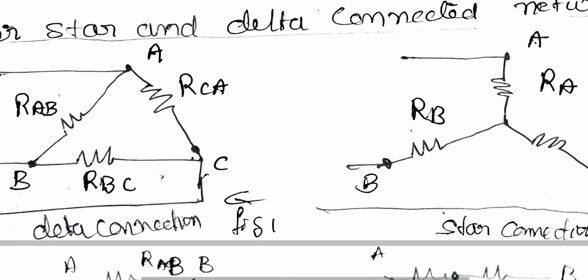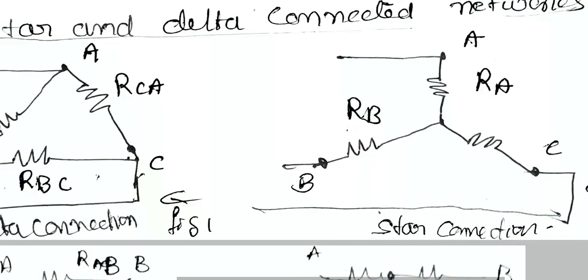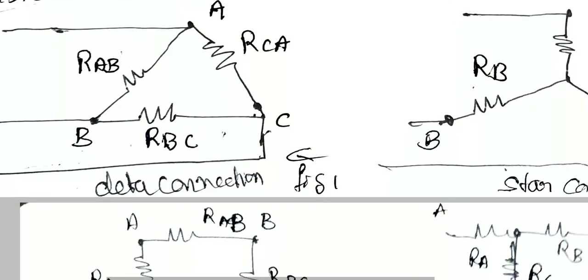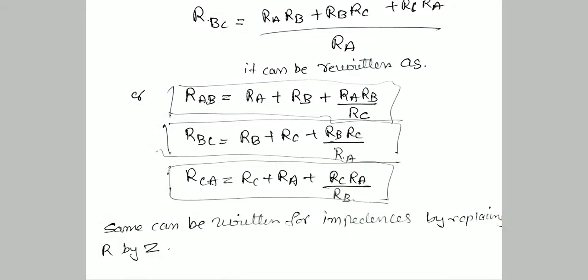RA can be obtained by RAB into RCA divided by the sum of the resistances, like that. If I want to convert star to delta, we have to use the other formula. By using the formulas, we can convert a star network to delta and a delta network to star. It will be very useful for generators and motors.